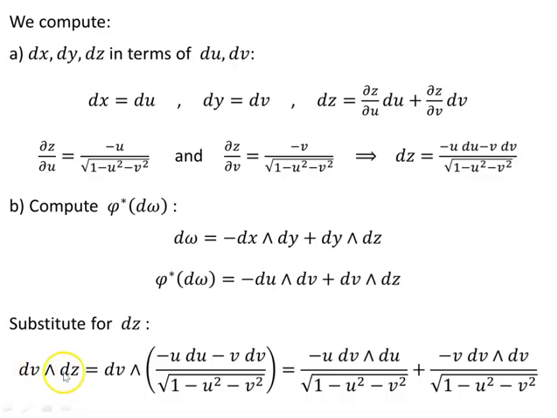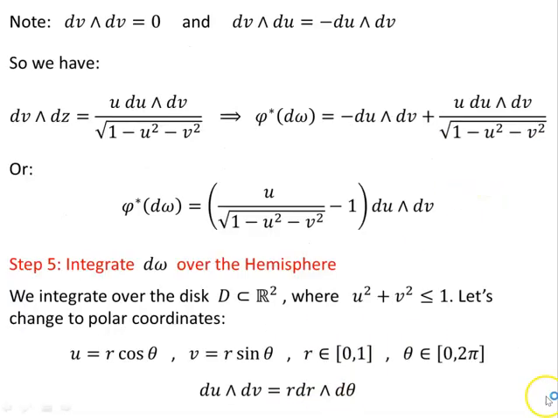Then collecting some terms and tidying it up: dv wedge dv is 0, dv wedge du is minus du wedge dv, and so dv wedge dz is that object. That implies that the pullback of d omega under phi is minus du wedge dv plus that object, or taking out the common factor of du wedge dv, this object.